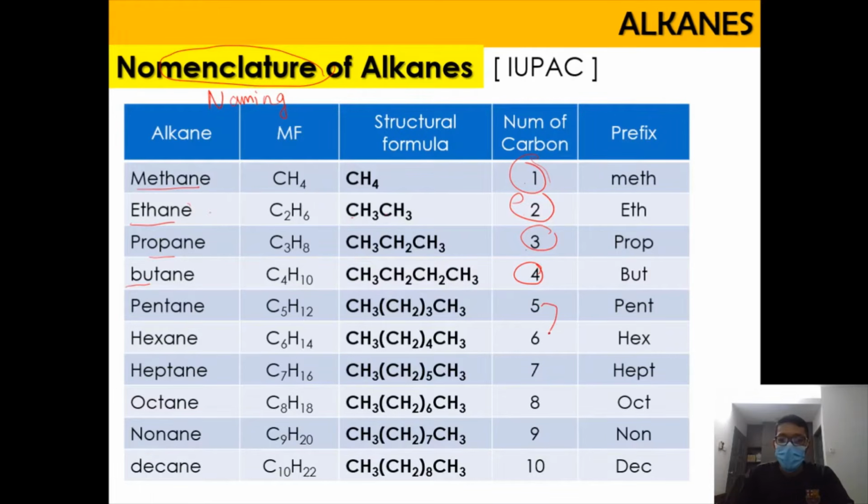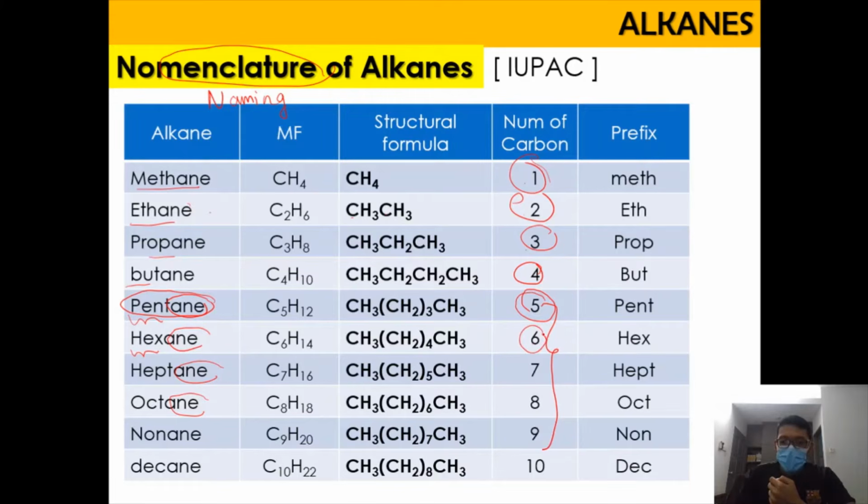Number 5 to number 10 will have similar names to what you have learned in mathematics. For example, 5 carbons, in mathematics is pentagon, but because it refers to alkane, it's going to be pentane. The A and E endings here refer to the class of alkane. Meanwhile, the front part refers to the number of carbons.